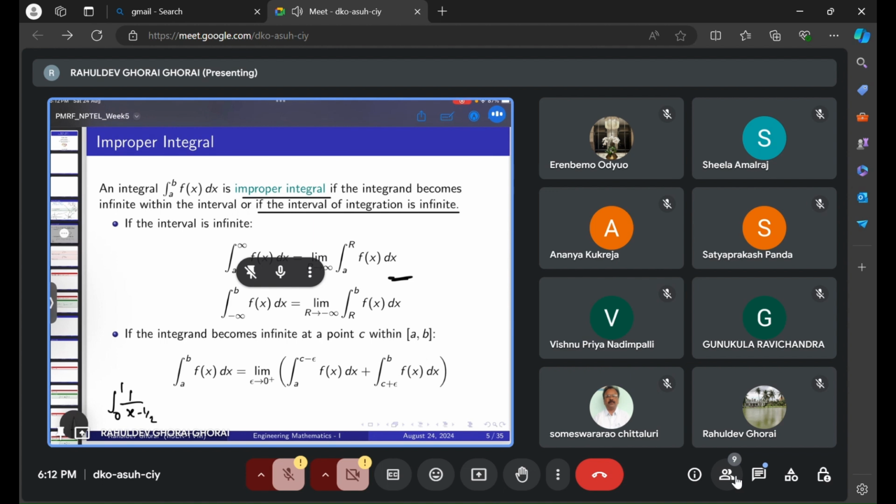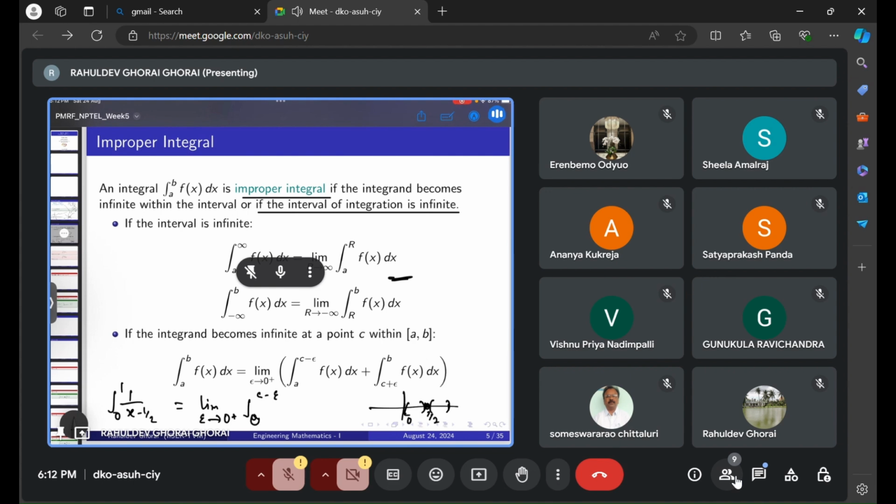If this type of integration is there, at half you have a difficulty, so you take from 0 to half and then half to 1. You don't include that half point, by taking the limit as epsilon tends to 0 plus, from a to c minus epsilon.